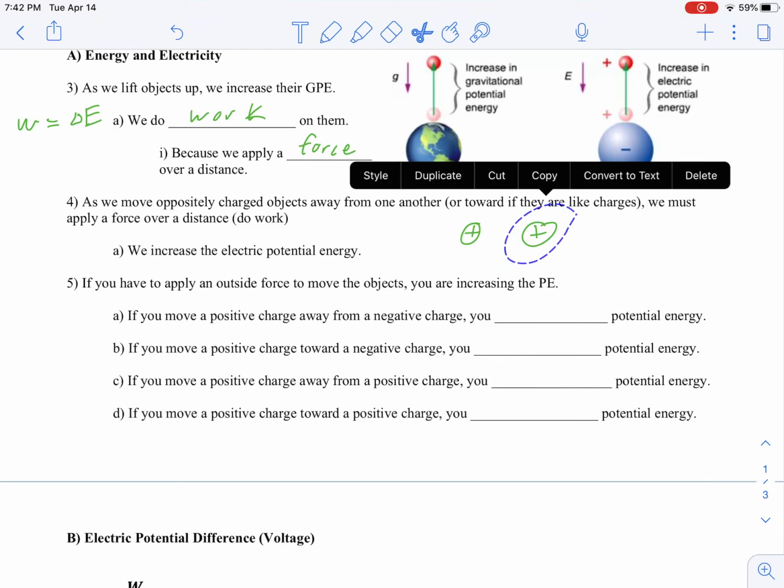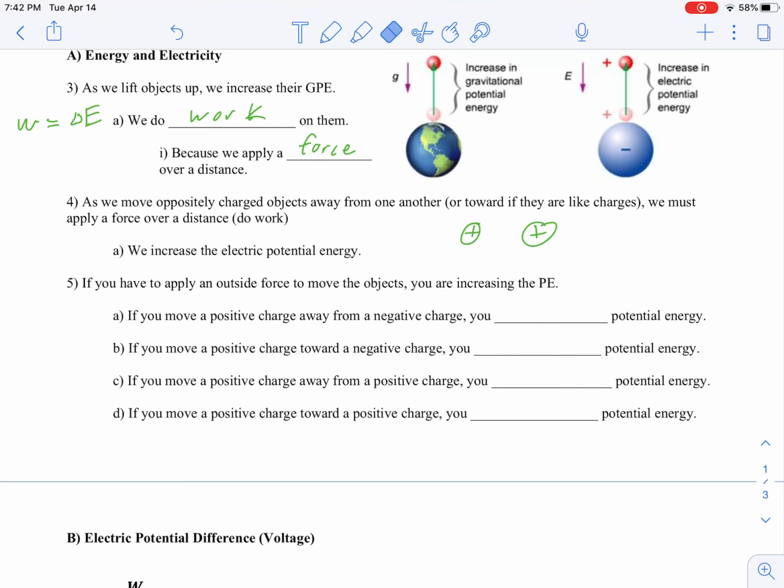You're fighting their natural tendency to go apart. So since you're fighting the natural tendency as you bring them together, you increase potential energy. If you have a positive charge and a negative charge, what's their natural tendency? It's to come together. If you pull them apart, that's fighting their natural tendency. Therefore, you increase potential energy.